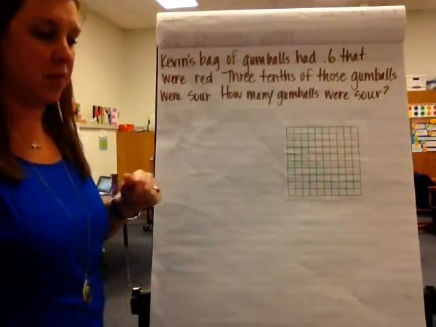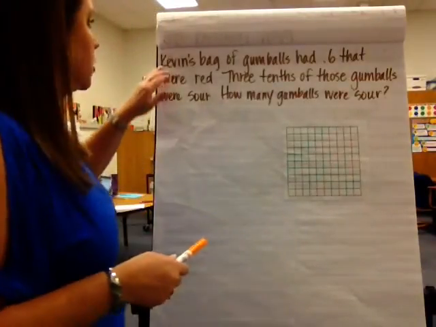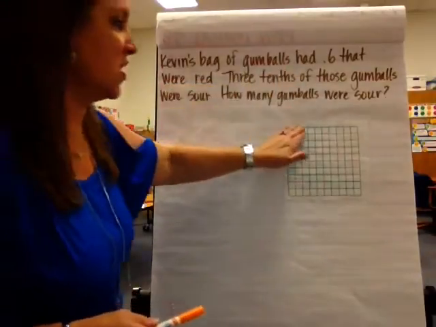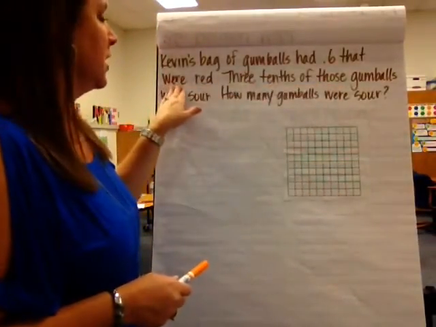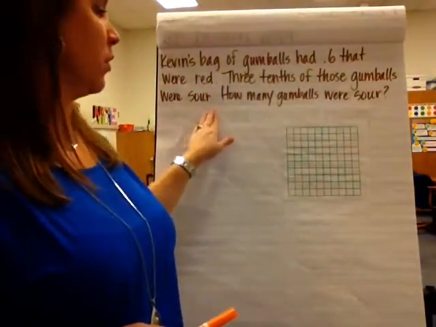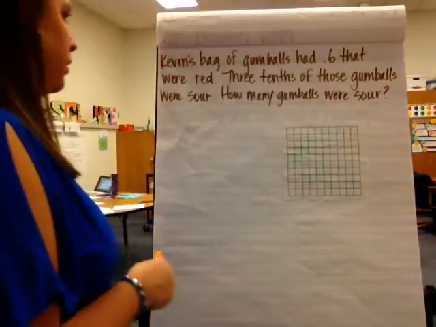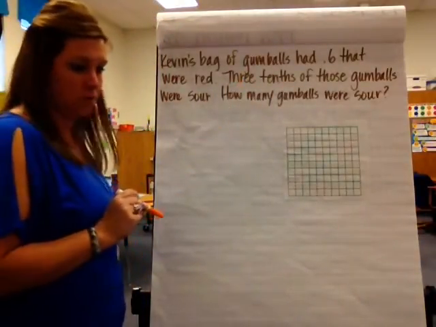Okay, now we're going to start on the second problem. Got another marker, hoping that'll work. All right, so Kevin's bag of gumballs, so this is his bag of gumballs, is 6/10 were red. 3/10 of those gumballs were sour. How many gumballs were sour? I can't say 3/10 were sour. Not at all.